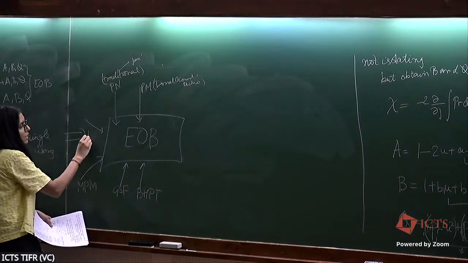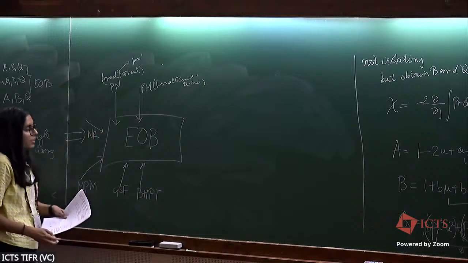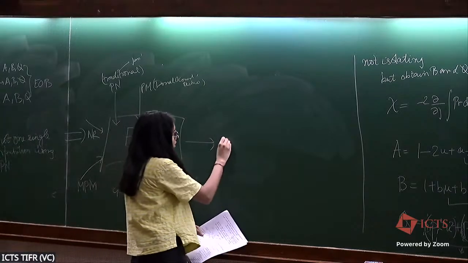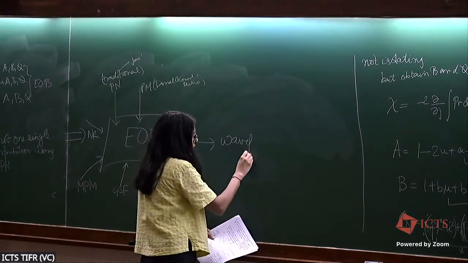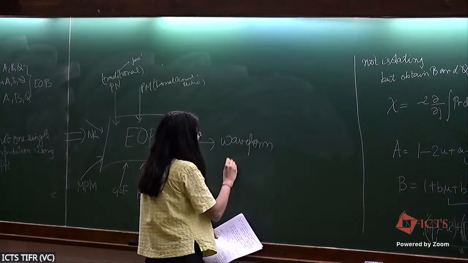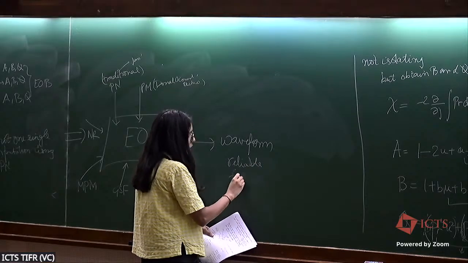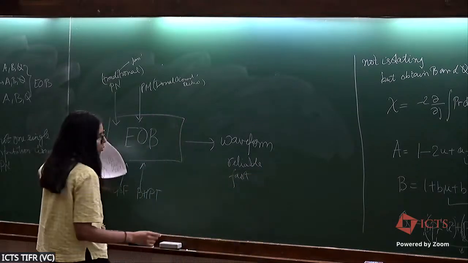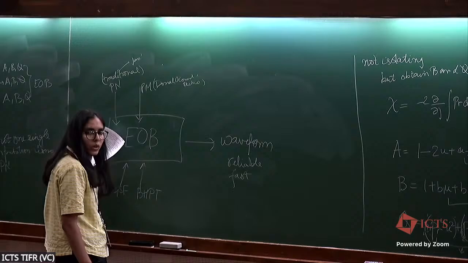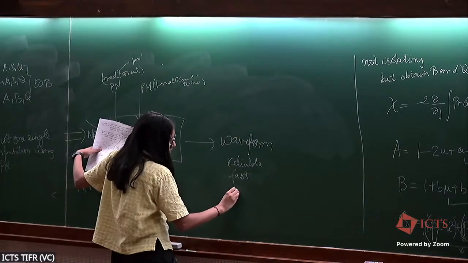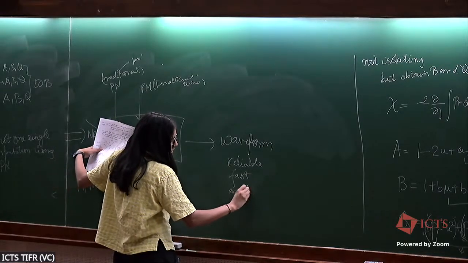It also uses NR to give us a waveform which is reliable, fast, compared to NR simulations, because NR simulation might take a lot of time and is quite expensive. Accurate.